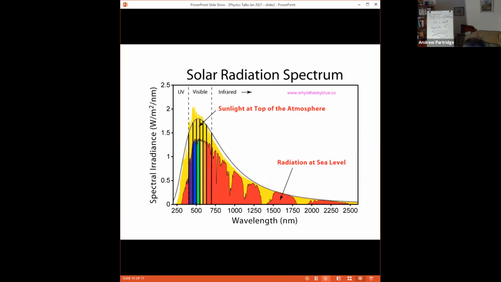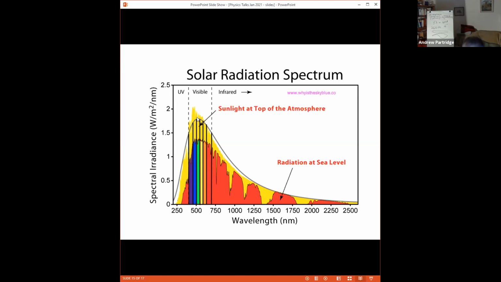A few other little points just before I conclude. It turns out that hot bodies give out a particular pattern of radiation, which depends on the temperature.